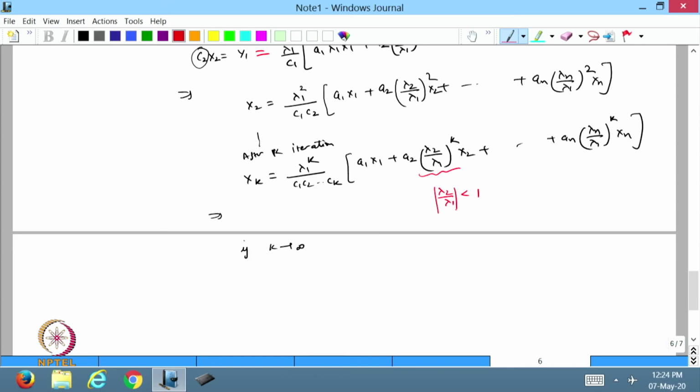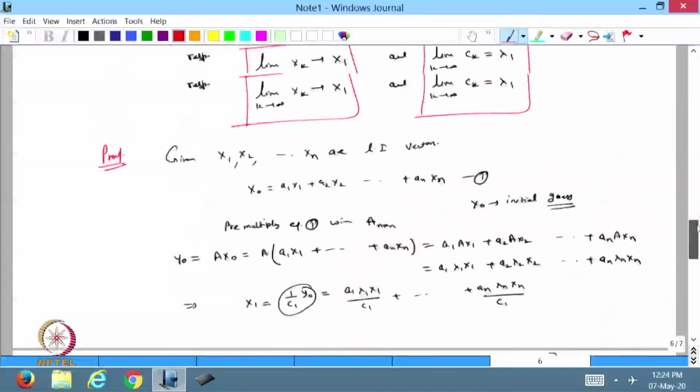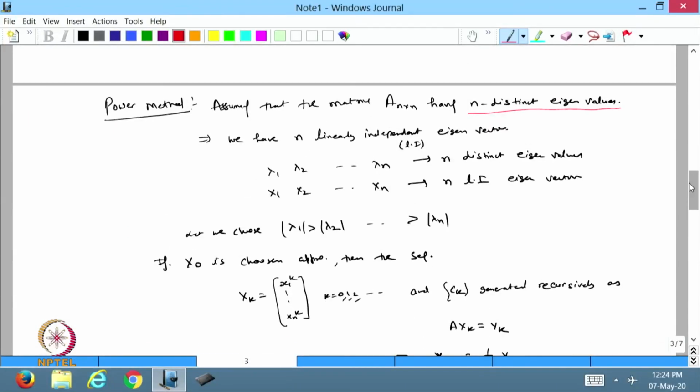Similarly, lambda n over lambda 1, all these values power k, are also less than 1. From here I can see that if I choose lambda 1 such that in magnitude its value is 1, this is the condition we have taken.